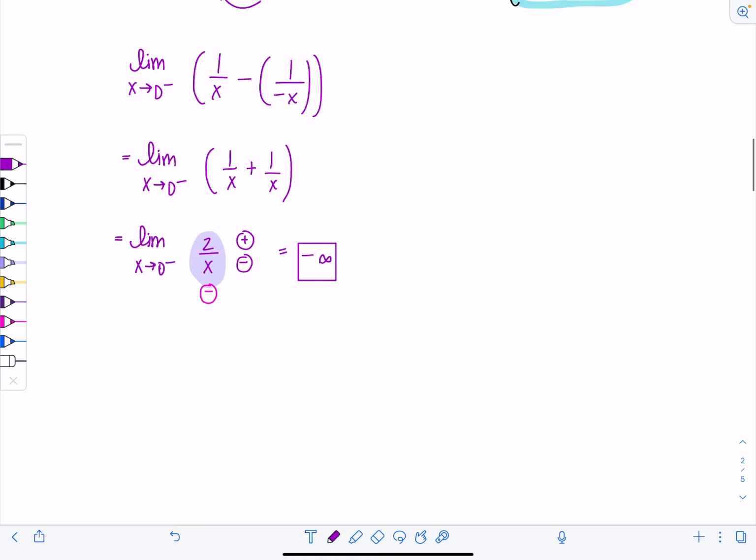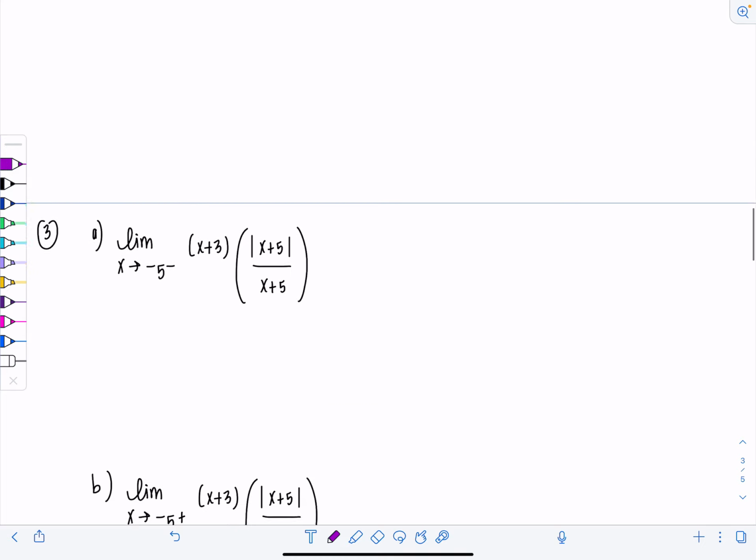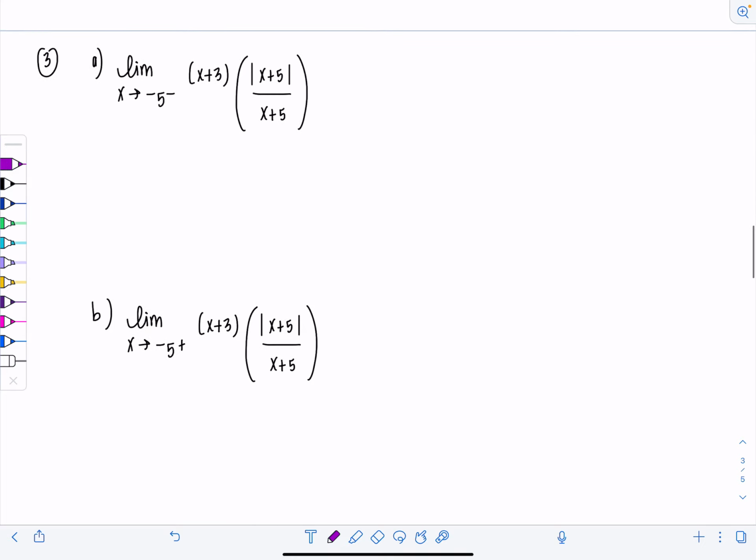Let's look at another example. Here we have the limit as x approaches -5 from the left of x plus 3 times the absolute value of x plus 5 over x plus 5. So off to the side, let's just consider how we would rewrite the absolute value portion as a piecewise function.